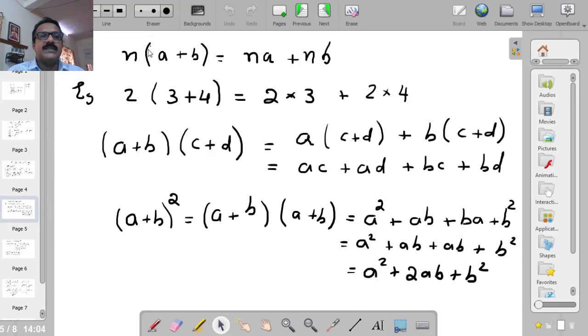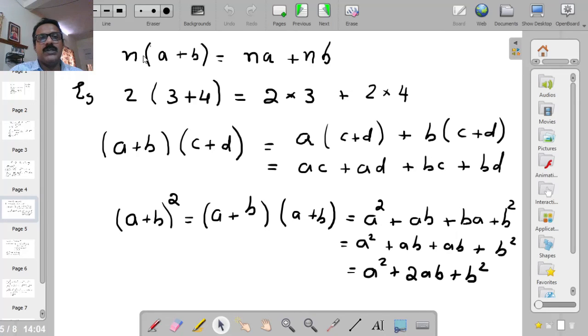n times inside bracket a plus b is equal to na plus nb. This property is called multiplication is distributive over addition. Precisely, this is multiplication is left distributive over addition, because the term n occurs on the left side.